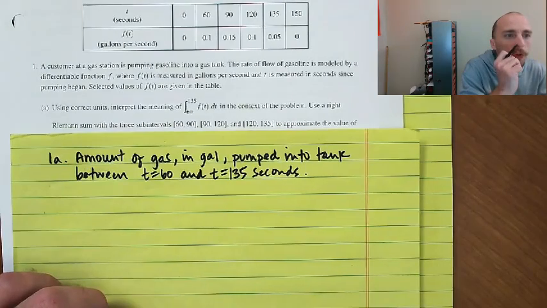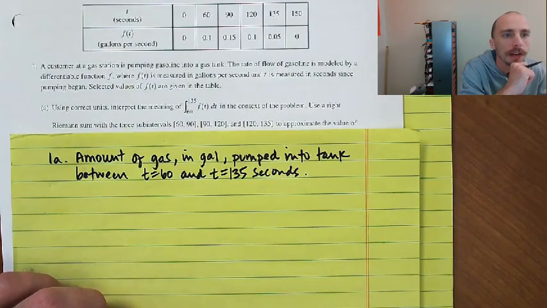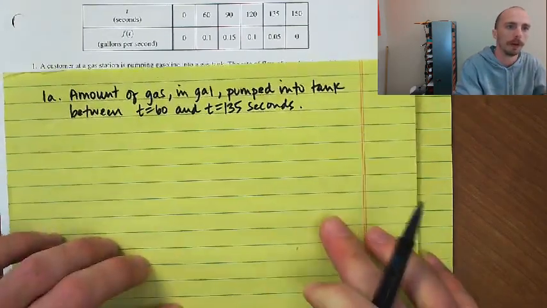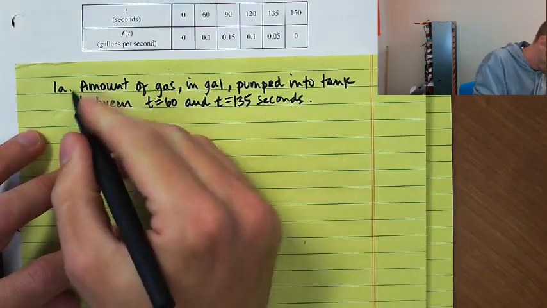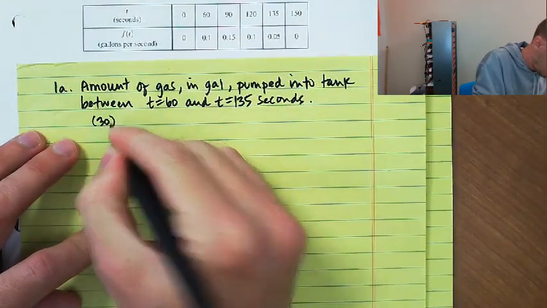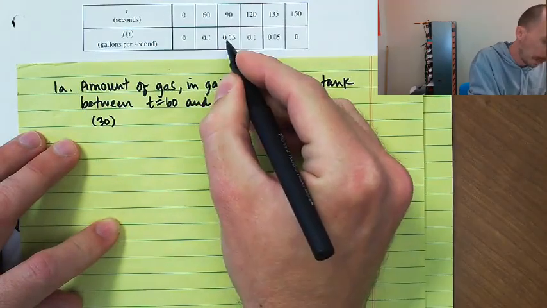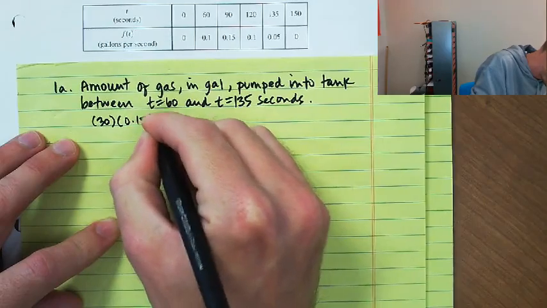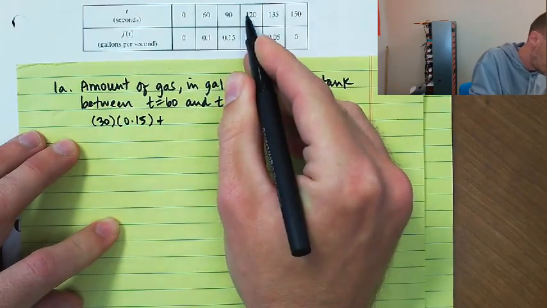Okay, and use a right Riemann sum with the three subintervals 60 to 90, 90 to 120, and 120 to 135 to approximate the value. All right, so right Riemann sum, width, height, represented by the right edge, right? So it's 0.15. Plus 90 to 120.